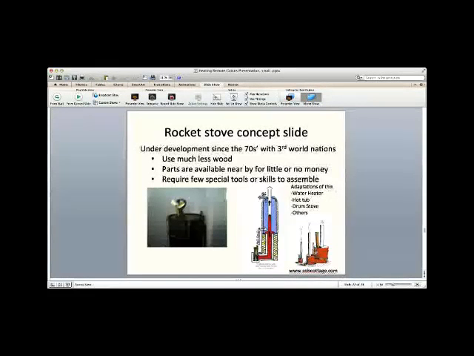It also allows you to use much less wood or grass for the same BTUs. And they've been very popular in Alaska, these rocket stoves.